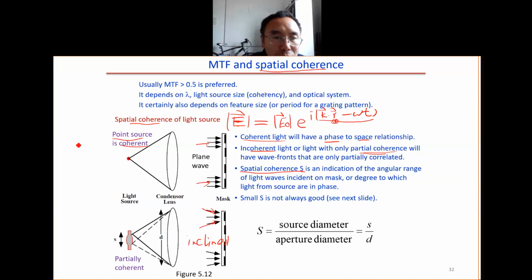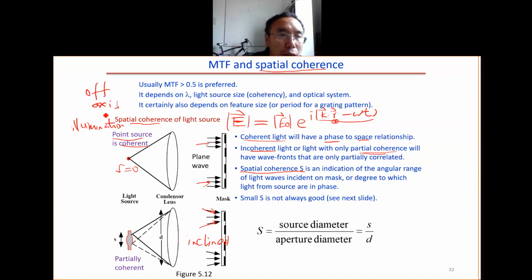Ideally s equals 0, but actually s equal to 0 is not always good. Sometimes we want s to have some size. So here we have light incident from the tilt, from an inclined direction. This idea is similar to off-axis illumination.